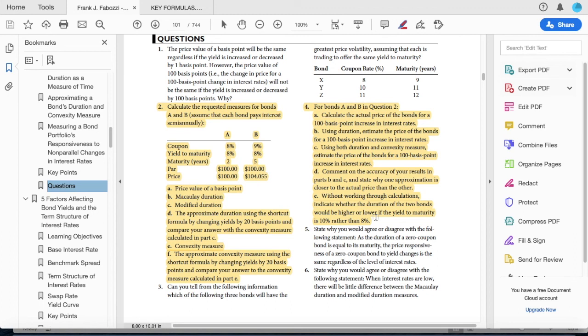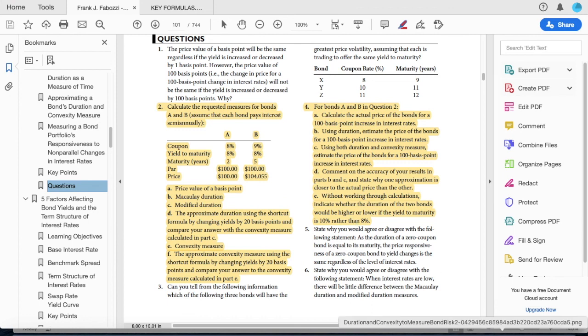For the B and C question, we treated a change equal to 100 basis points in the yield. Now we are talking about 10% rather than 8%, which means 200 basis points. So every time we are making the yield change too big, this will lead to less accurate estimates using the duration.